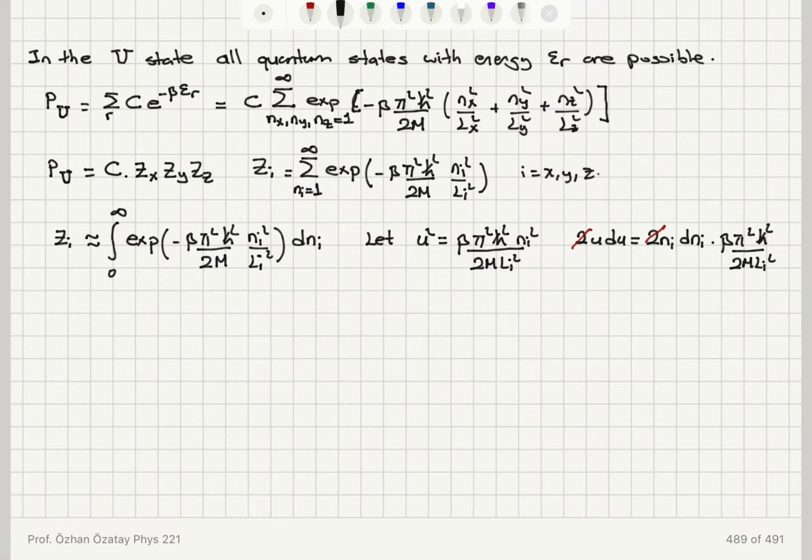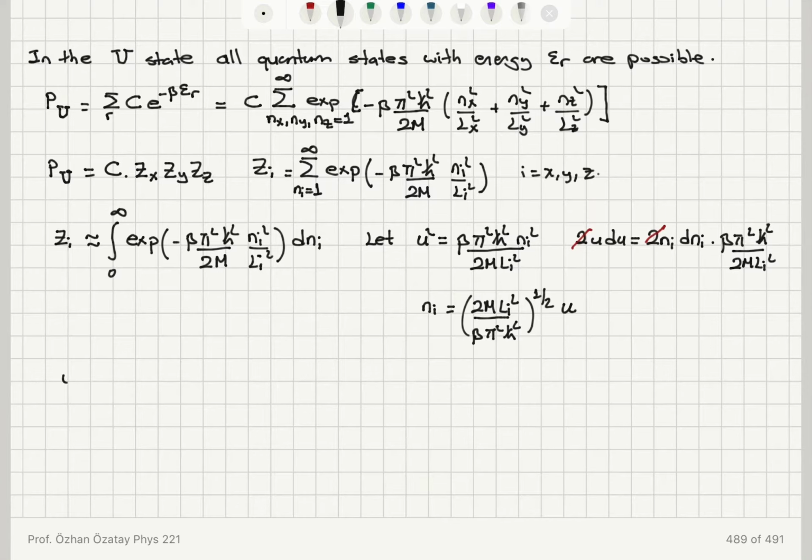So I can see that with this I will have to substitute for ni here. So what is ni in terms of u? Here I can see that ni is equal to 2m li squared divided by beta pi squared h bar squared, to the power 1/2, times u. So I will have to substitute that in u du.